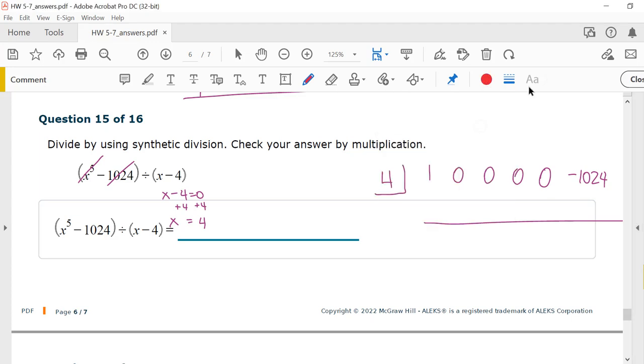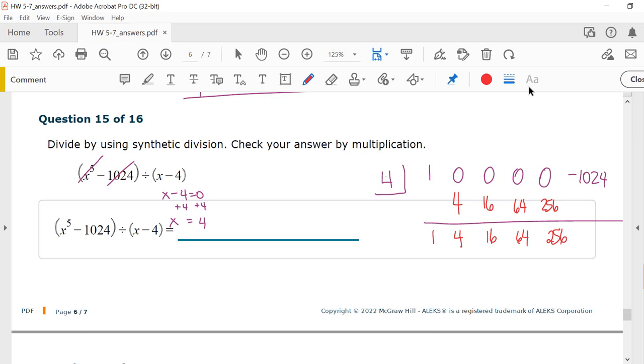If I drop straight down 1, 1 times 4 is 4. 0 plus 4 is 4. 4 times 4 is 16. 0 plus 16 is 16. 16 times 4 is 64. 0 plus 64 is 64. 64 times 4 is 256. 0 plus 256 is 256.